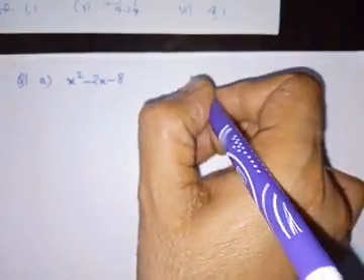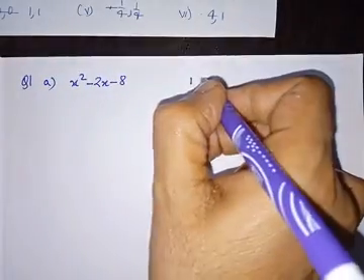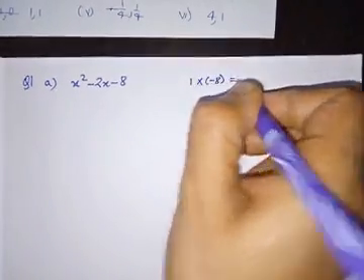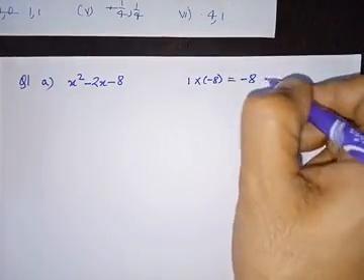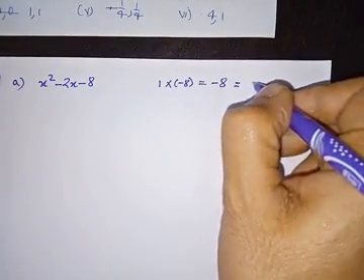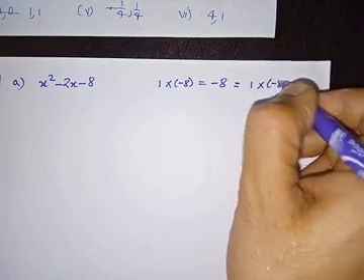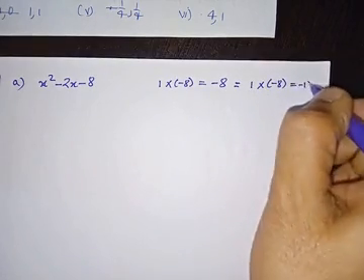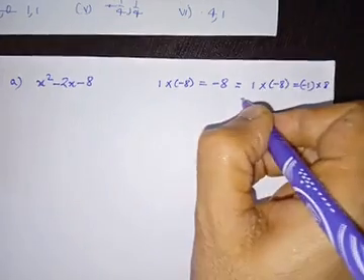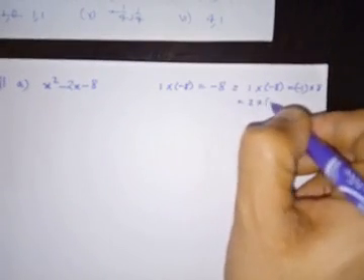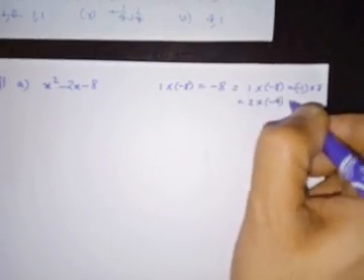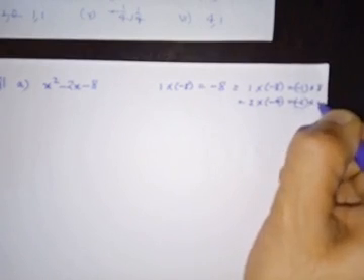The coefficient of x square is 1 and the constant is minus 8. On multiplying these I get minus 8. So the factors can be 1 into minus 8 or minus 1 into 8, second, 2 into minus 4 or minus 2 into 4.